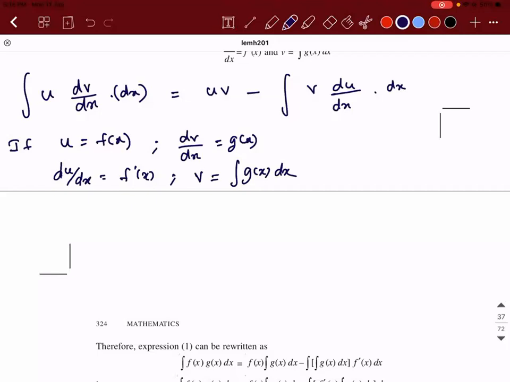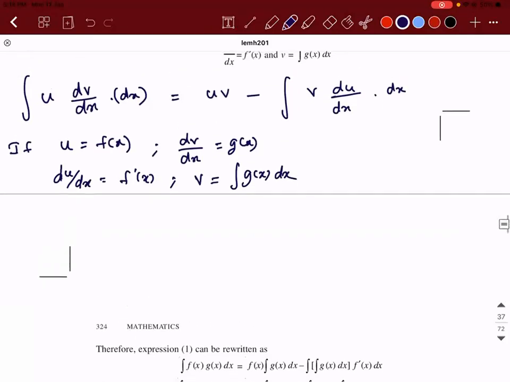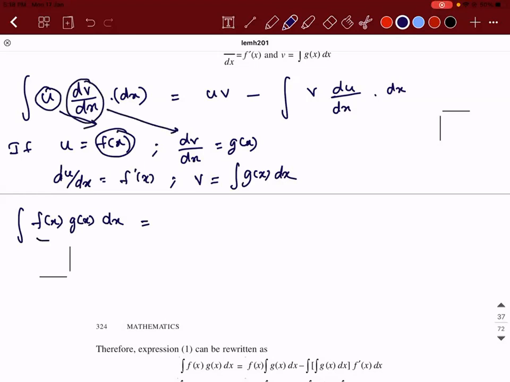Yes, sir. Now listen to this carefully. Integral of f of x into g of x with respect to dx. Here f of x is what? I replaced u with f of x. I replaced dv by dx with g of x, and I manipulated and formed a question.